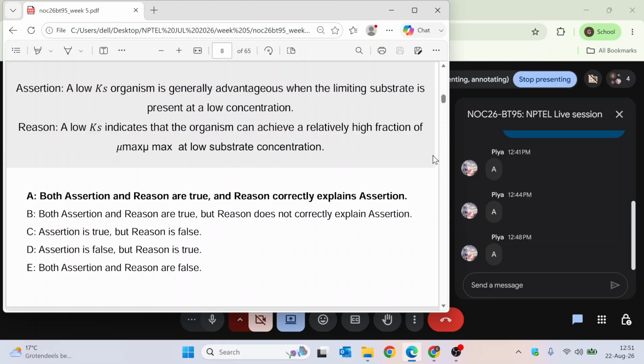The reason is that a low Ks indicates that the organism can achieve a relatively high fraction of mu max at a low substrate concentration.